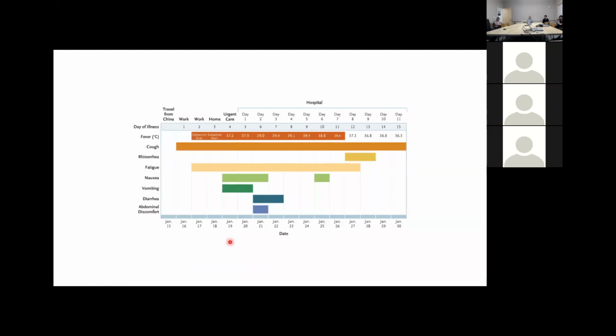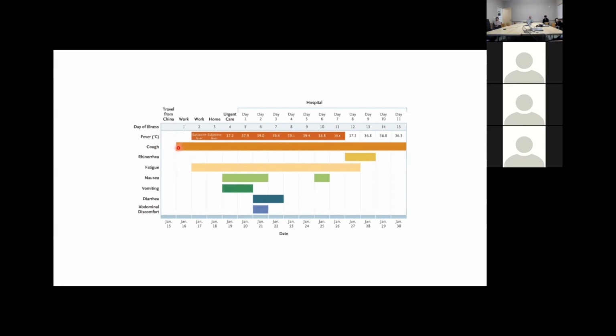Okay, this is to show you the typical symptoms. This was the first case in the United States, a traveler who had returned from Wuhan. I show you this to show the time course for these symptoms. This was someone who actually got sick enough to be hospitalized. You see the cough as the first symptom, followed by subjective fevers, and the maximum temperature was as high as 39.4, so fairly high fevers.